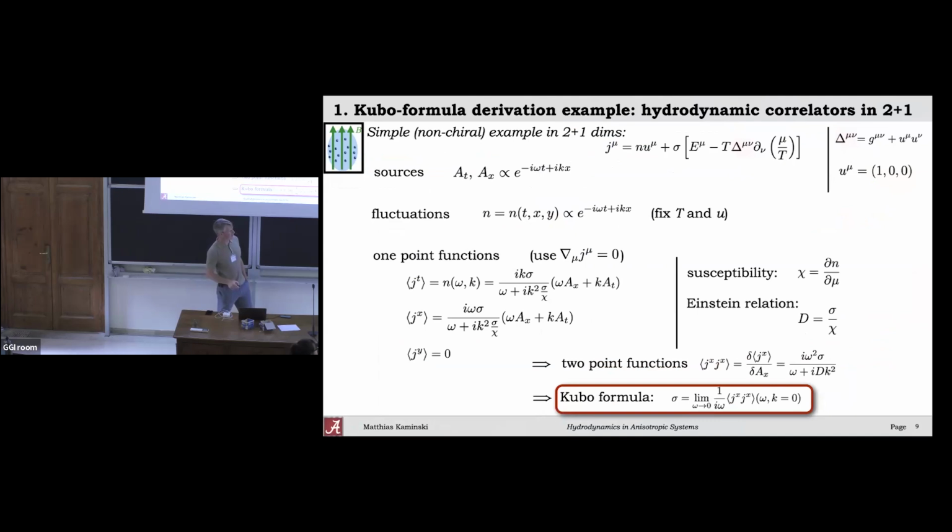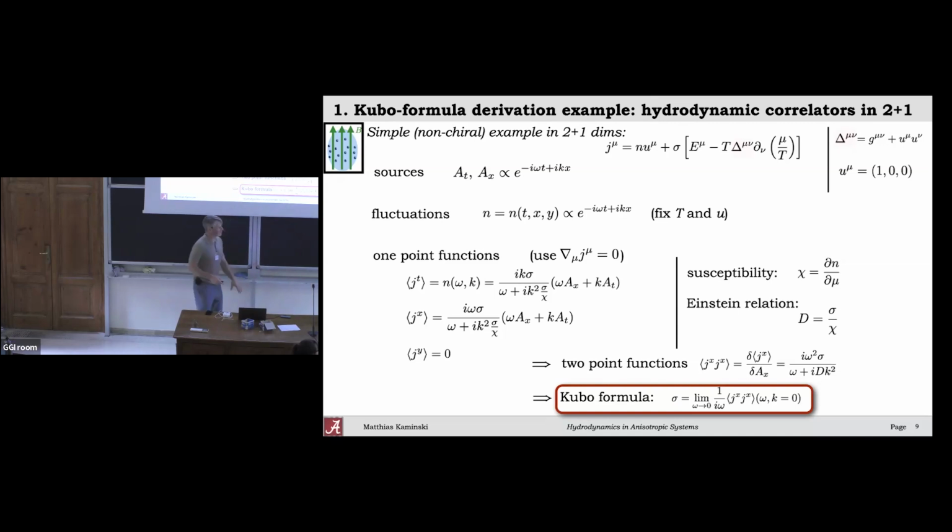That is, it's related to the charge current in the x direction. The two-point function of it with itself at zero momentum, but at a frequency which you first divide by that frequency, and then you send that to zero. And that gives you the charge conductivity.